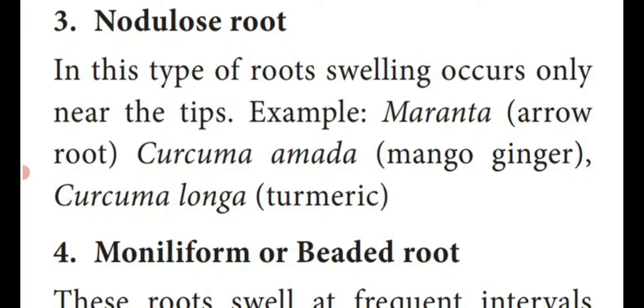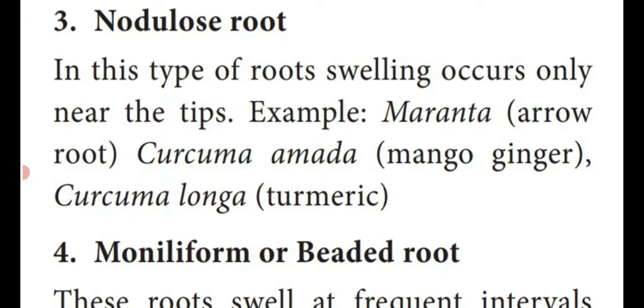Next one, curcuma amada. That means mango ginger, manga inji. They are also storing the food material at the tip only, and they are bulged or swelling. That is known as mango ginger or curcuma amada. Next one, curcuma longa.